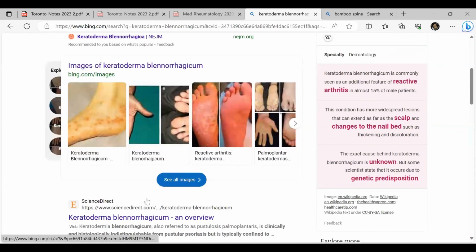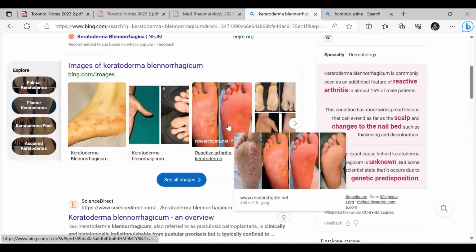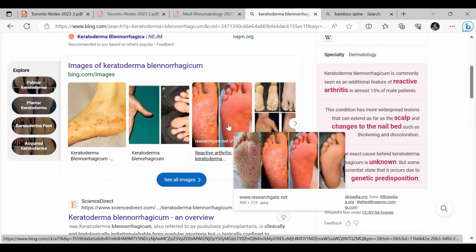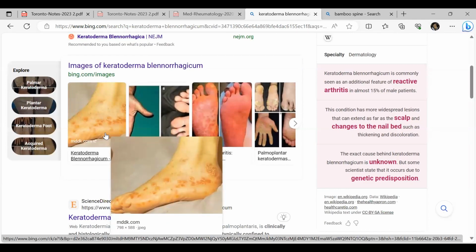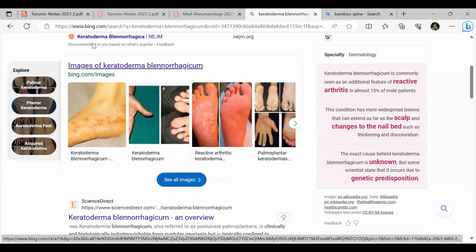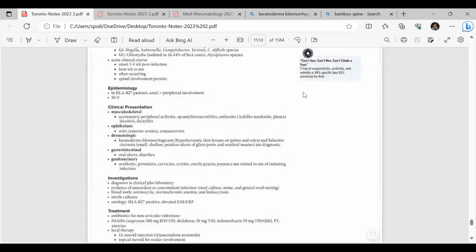Okay, this kind of lesion is mentioned. The crusty brown colored lesions. Hyperkeratotic skin lesions of palms and soles. It's only seen on palms and soles.